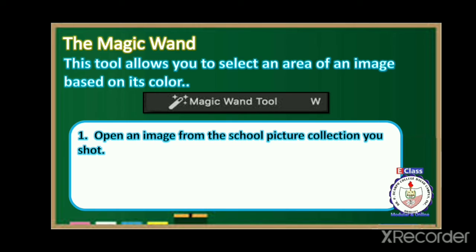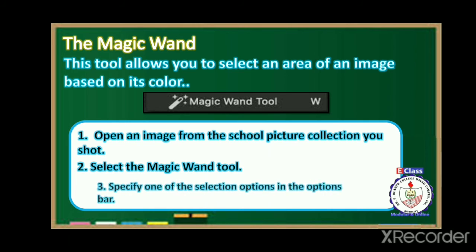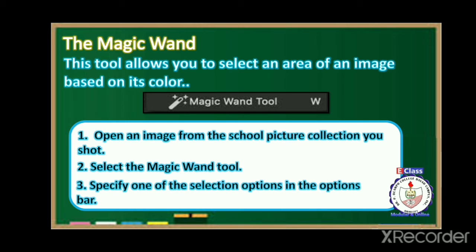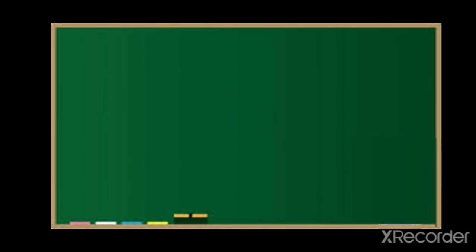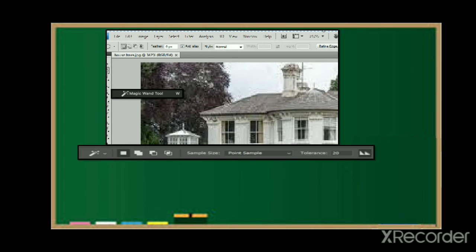Two, select the magic wand tool. Third, specify one of the selection options in the options bar, because the magic wand tool's pointer changes depending on which option is selected. Like sample this.